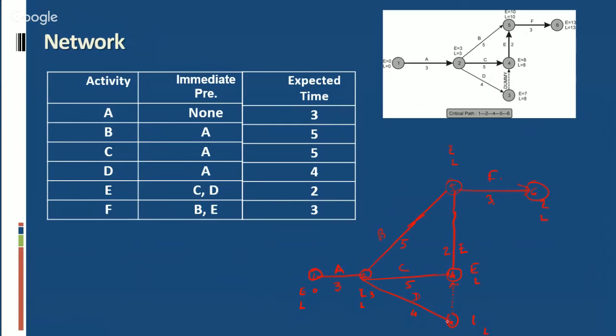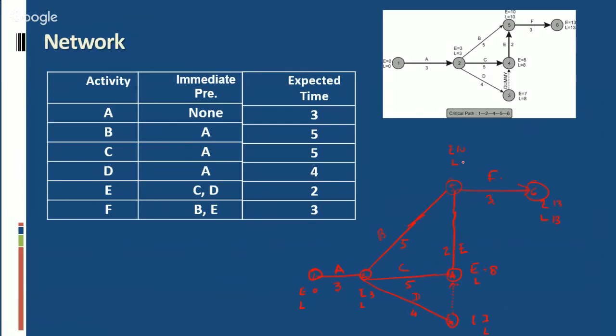Then 3 plus 4 equals 7, or 3 plus 5, 8. Then the value of E here will be 8, the highest. 8 plus 2, 10, or 3 plus 5, 8. The highest value is 10. Accordingly, the value will be 10. 10 plus 3, 13. The value of E will be 13, and the value of L will be 13.